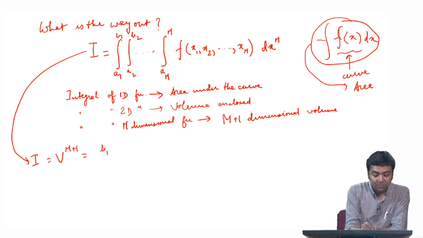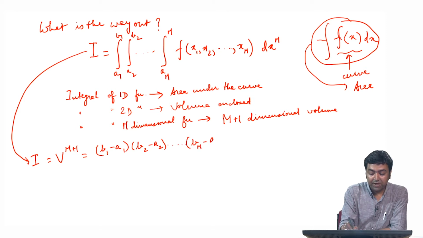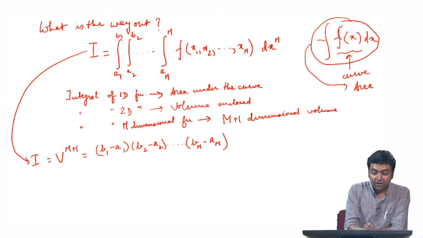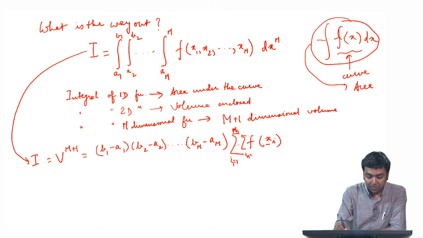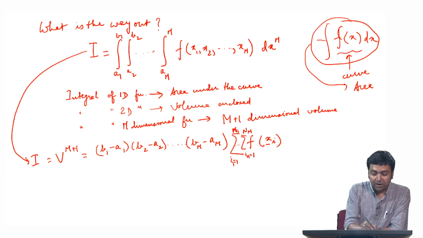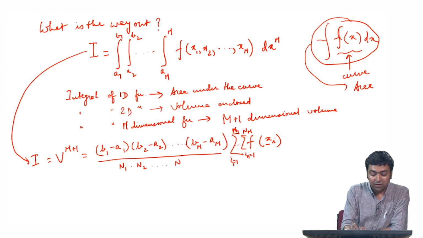That is b1 minus a1, into b2 minus a2, and so on up to bm minus am. Then we need to calculate the average value of this function, f(x_i), where x_i is a vector, with a couple of summations: i1 goes from 1 to n1, i2 from 1 to n2, and im from 1 to nm, and this we divide by n1 into n2 and so forth till nm.